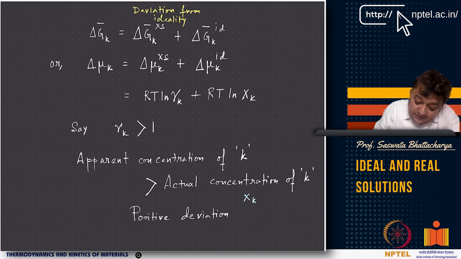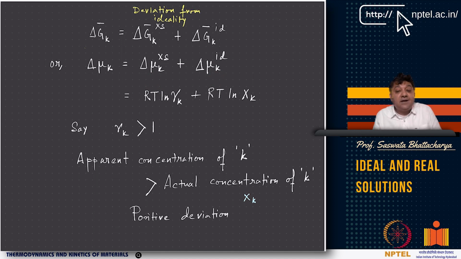There is a delta mu k excess, which is the deviation from ideality, and a delta mu k associated with the ideal solution, which is RT ln xk. The excess is RT ln gamma k, but I don't know gamma k.